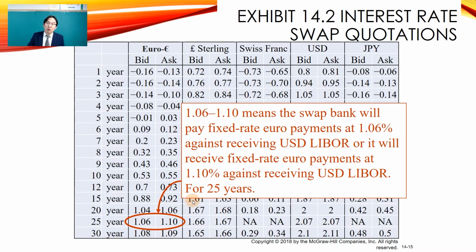So that's the 1.06 fixed rate payment they're going to take, and if you're going to sell it, then the 1.1% has to be given to the swap bank. So the bid price is always lower than the ask price, and the difference over here, 0.04 percentage point or 4 basis points, is the spread these swap banks take and earn money from.